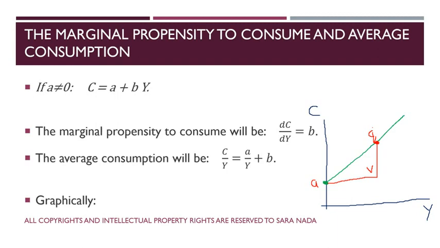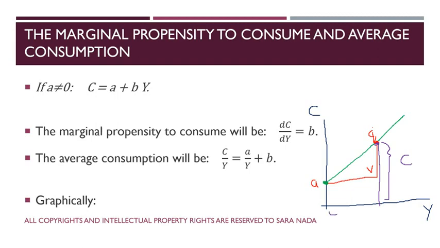What about the average consumption? Average consumption, remember that it is equal to the consumption divided by the level of output. At this point Q, what is the level of consumption? So at this point, the level of consumption is just all this line. So all this is the C. And what is the Y?